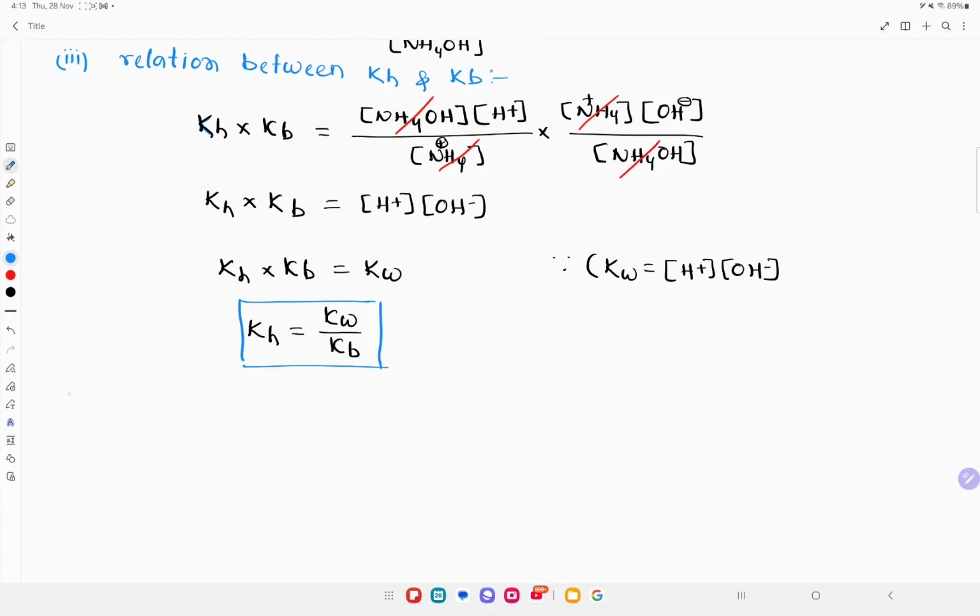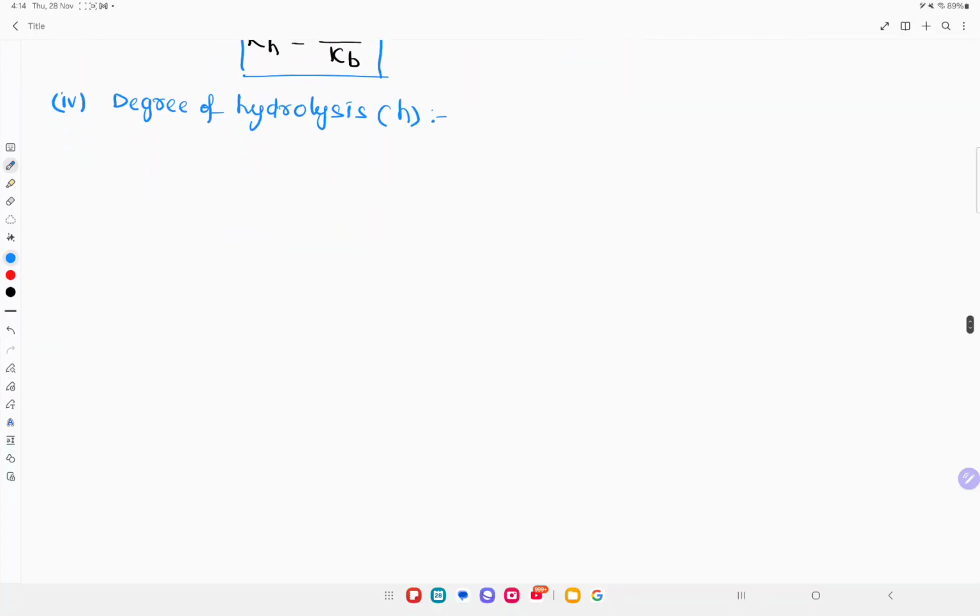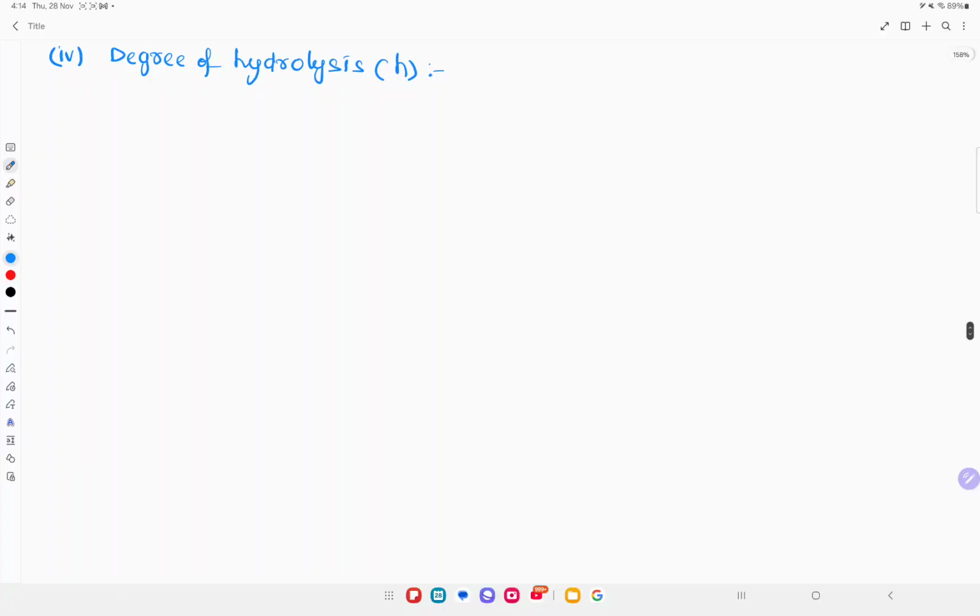Next is degree of hydrolysis. Just like degree of dissociation, here degree of hydrolysis, denoted with h, which is similar to degree of dissociation alpha. Right.